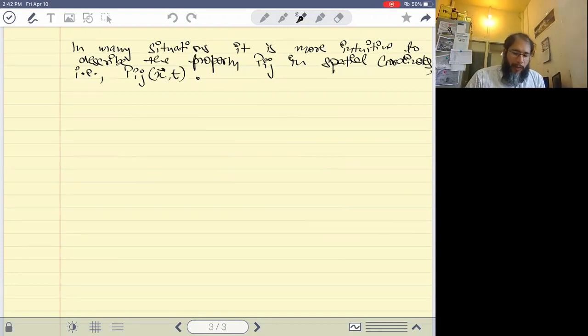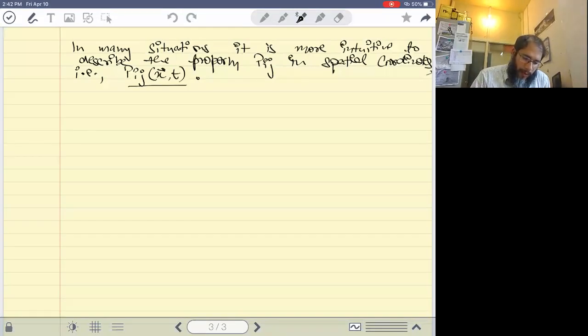So it will be very intuitive to write the property Pij in the spatial coordinate system, that is using the Eulerian description, that is small x. The small x coordinate system, if you remember, is fixed to your room or space rather than being fixed to some particular particle. So if I specify some coordinates in the room coordinate system and I specify some time, then you would want to know the material derivative at that particular point in space at that particular time.